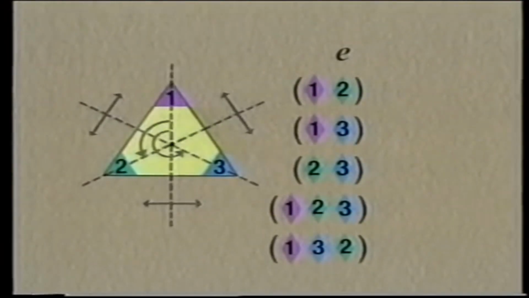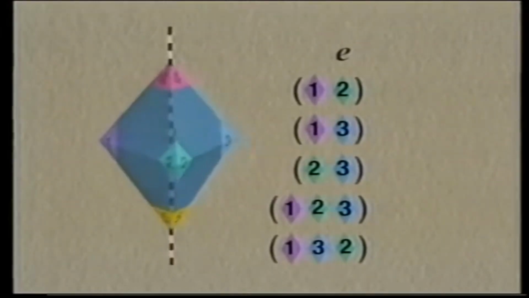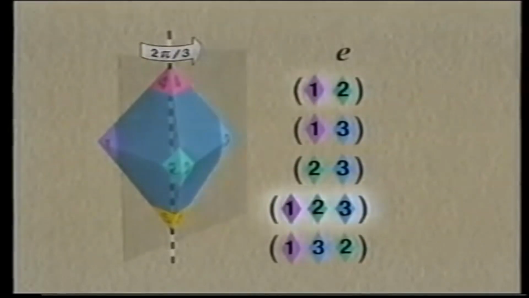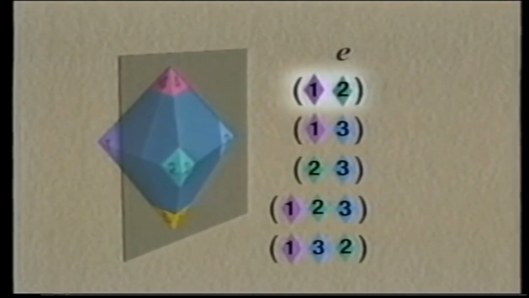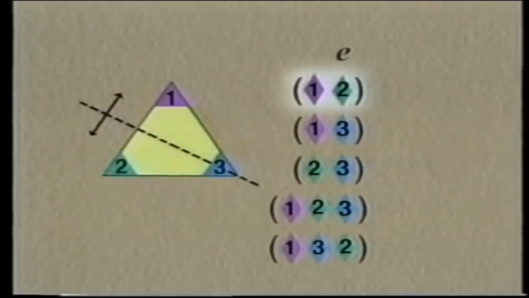That's because the center of rotation corresponds to an axis of rotational symmetry. And if we look at the reflective symmetries, then each vertical plane of reflection gives a line of reflection for the central triangle.